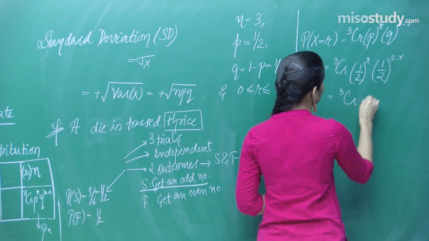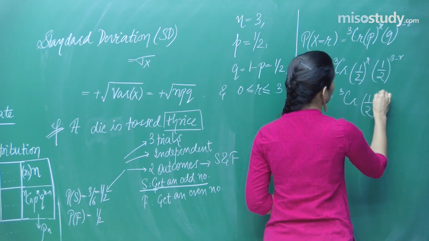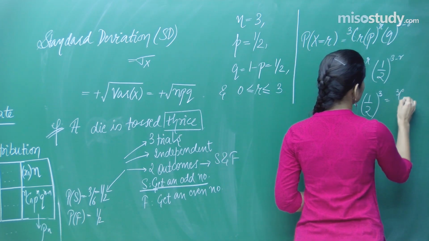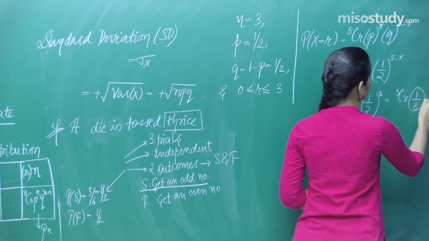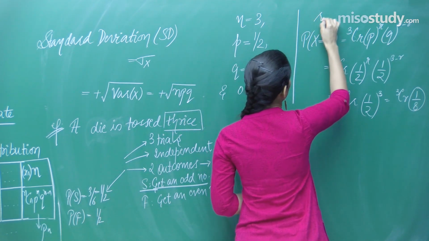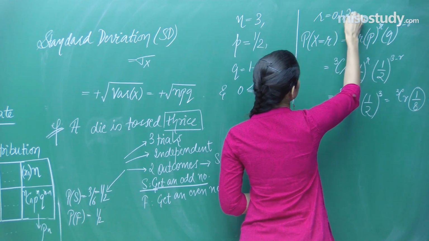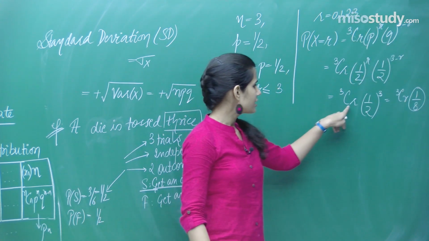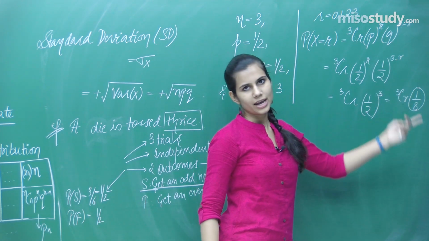This is 3Cr half to the power 3, which is 3Cr 1 by 8. If somebody asks for the probability of getting 0, 1, 2 or 3 successes, you can just plug in that value and you have your answer.